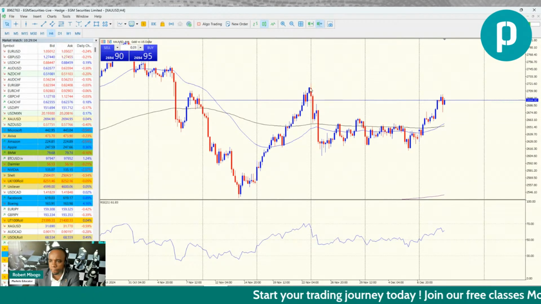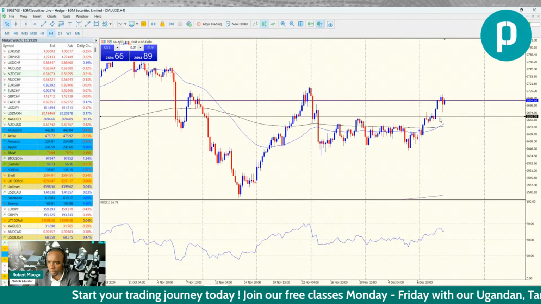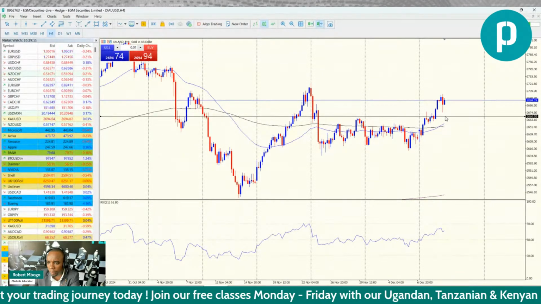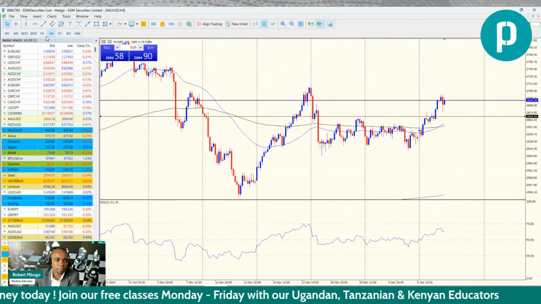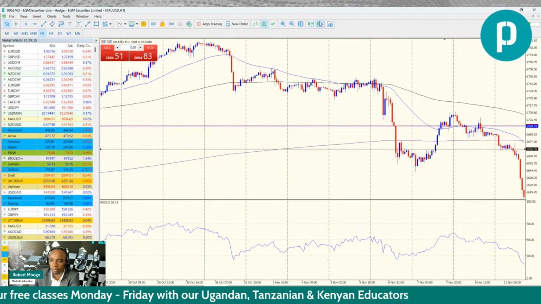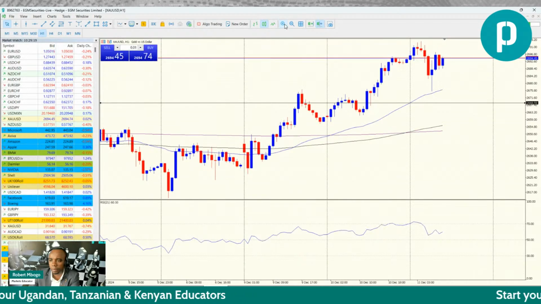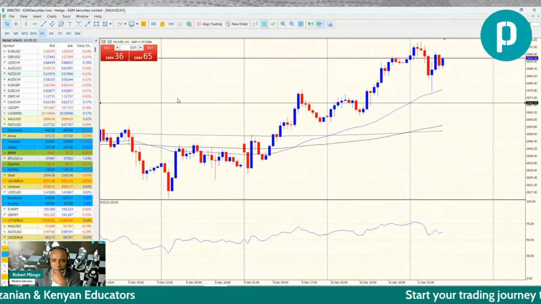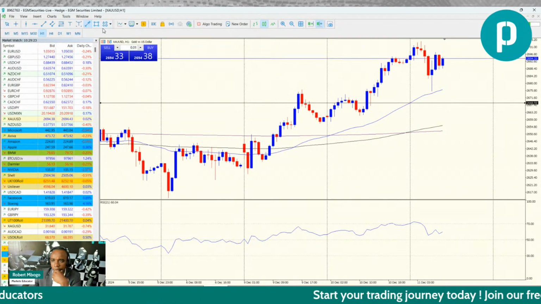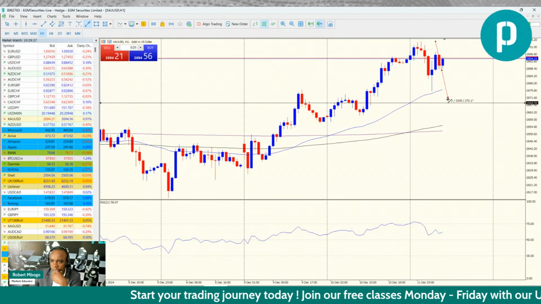So if we go to H4, I would want to see that area being tested. Yeah, so maybe at some point we will see gold come down to test this area.